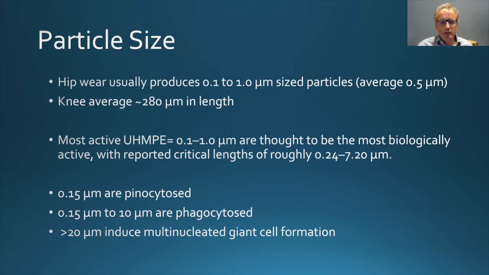So you can see why you can have a lot more wear actually in the knee, because they're bigger particles, they're less biologically active, and you get less bone loss generally. We've all seen horrendous knees where they've got massive osteolysis, but usually you've got much more plastic volume, but because they're bigger length molecules, you get less biological action.